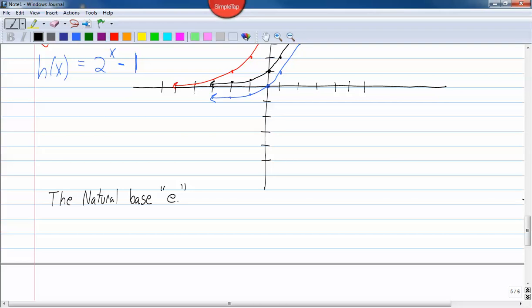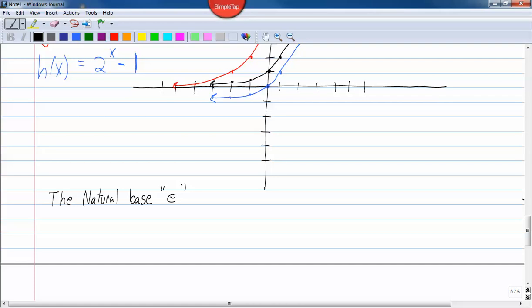Well, e is called the natural base. It applies most of the time if we're dealing with exponential functions. Growth and decay, maybe a population, the spread of a disease, the growth of some type of animal, or the extinction of some type of animal. A lot of times the natural base e is used.